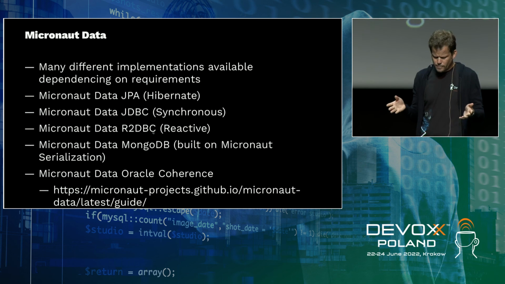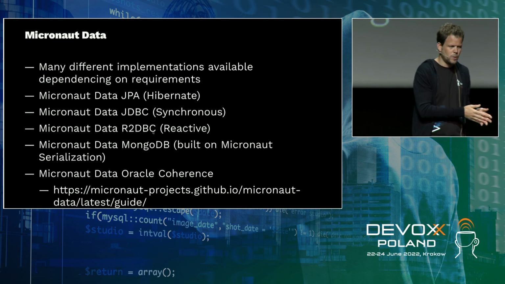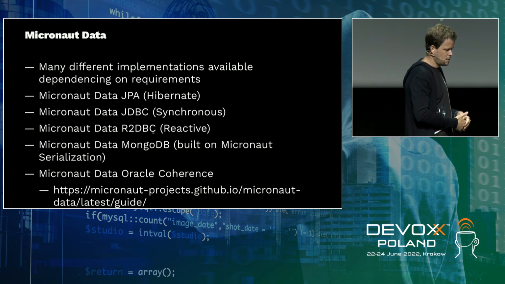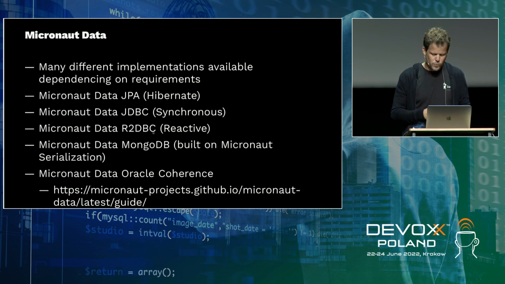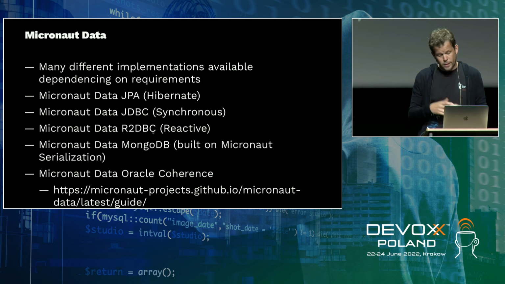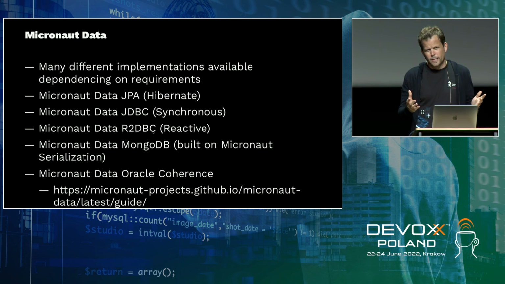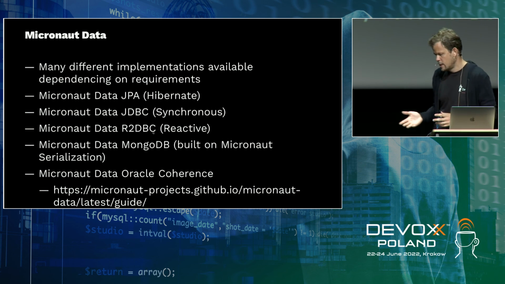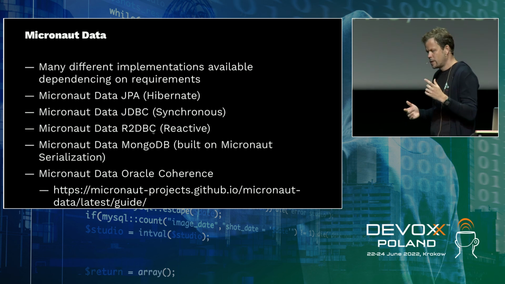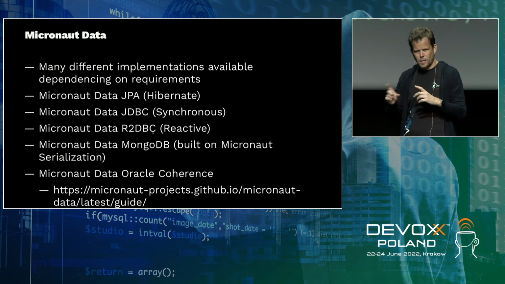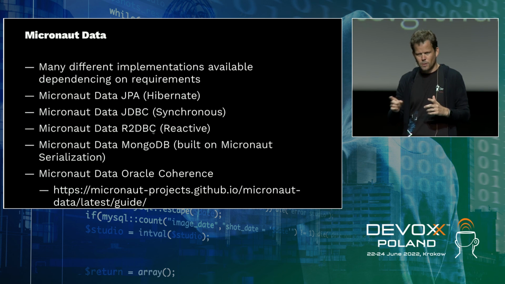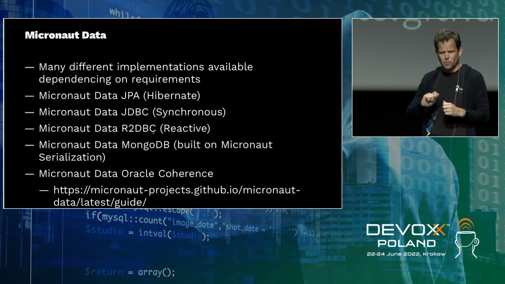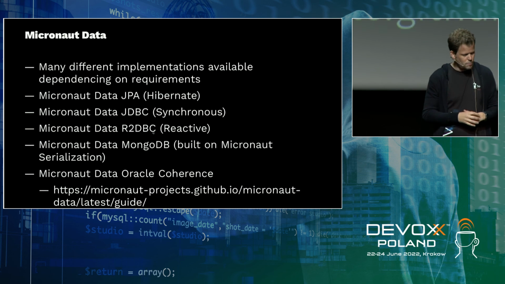And then we have Micronaut Data R2DBC, with which you can go fully reactive based on R2DBC and implement reactive SQL applications. And then a month or 2 ago, we released Micronaut Data MongoDB, which is interesting because it's built on Micronaut Serialization, which I just showed you. It uses Micronaut Serialization to encode and decode BSON to MongoDB.